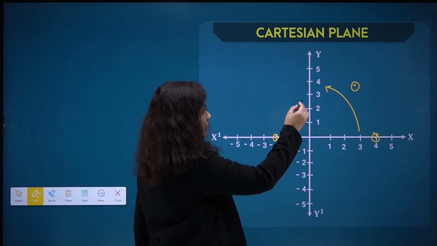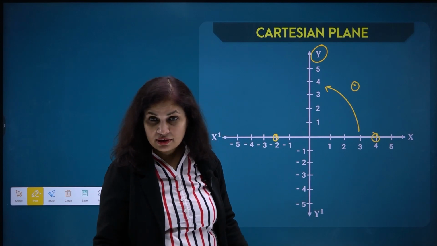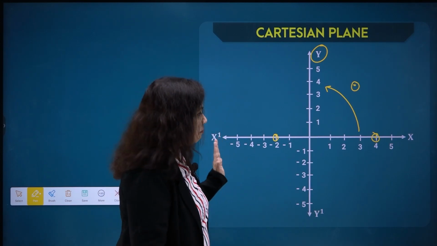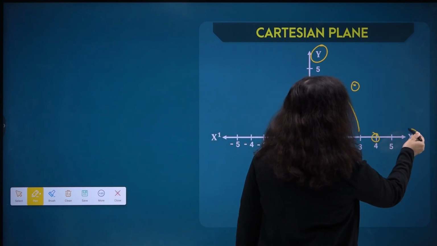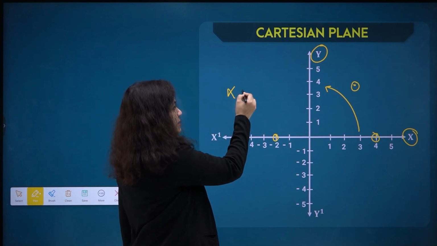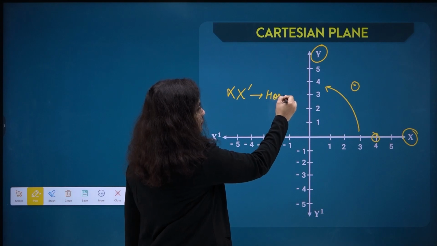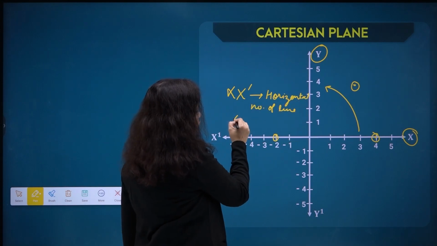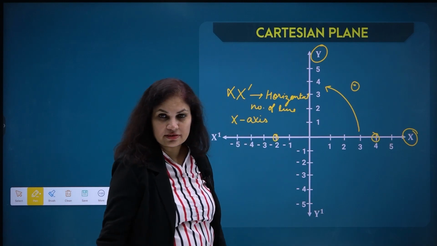So we name this vertical number line differently. My horizontal number line is denoted by x and x dashed. X dashed. It represents the horizontal number line, which we refer to as the x-axis.